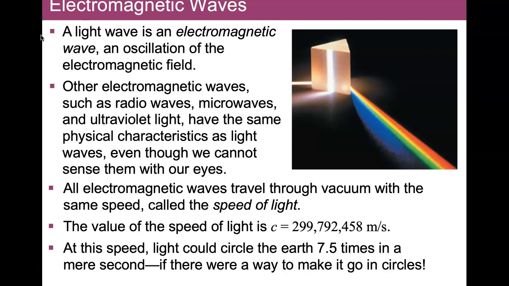So one important property of light is that it has a speed called the speed of light. It's the fastest speed possible, and it's quite fascinating that it turns out to be independent of the inertial reference frame you're in.